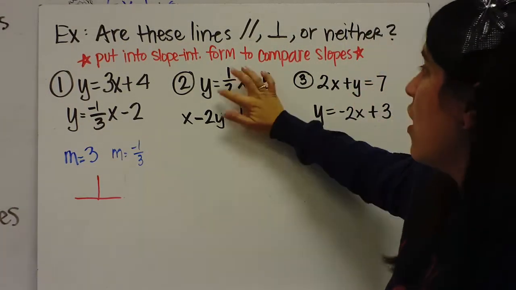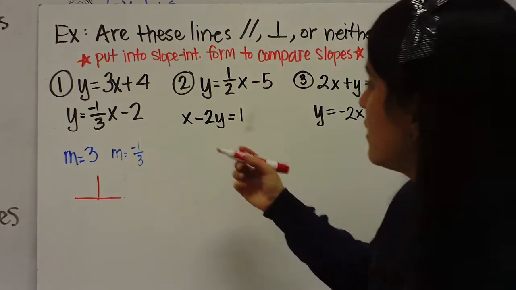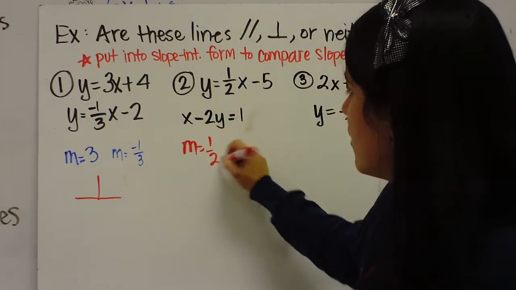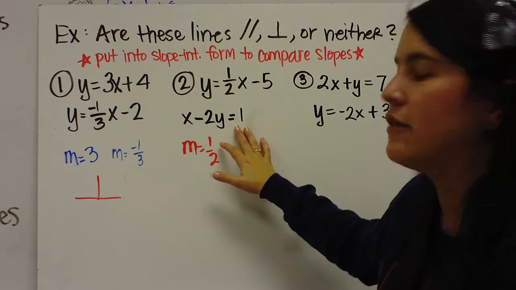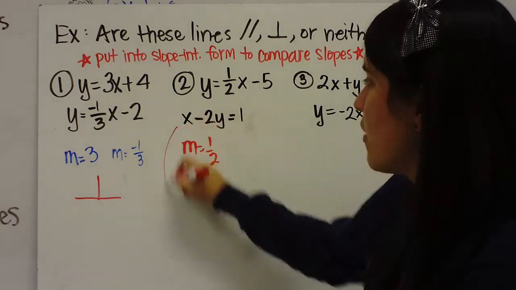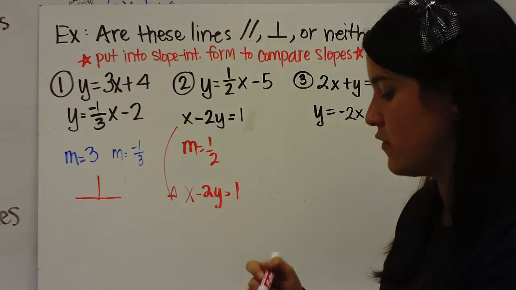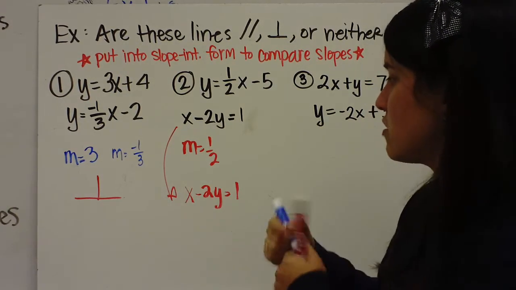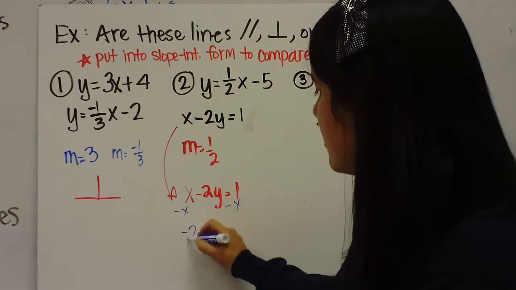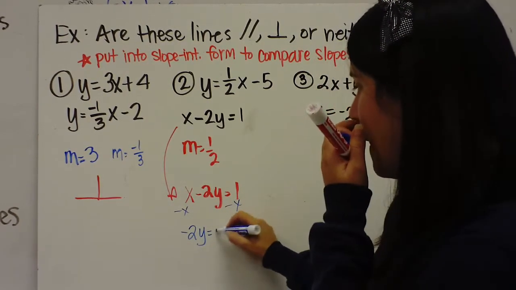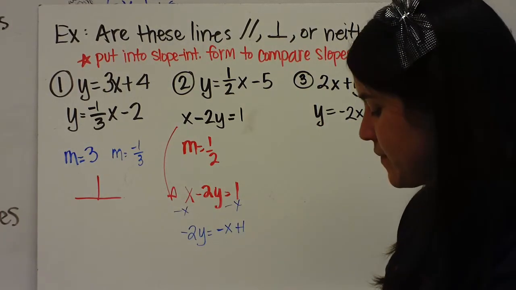Example 2. Y equals 1/2 x minus 5. So that means this slope is 1/2. This equation says x minus 2y equals 1. Alright, well it's not in slope-intercept form, so I need to come down here and put it into slope-intercept form, which means I need to subtract x from both sides, and I get -2y equals -x plus 1.